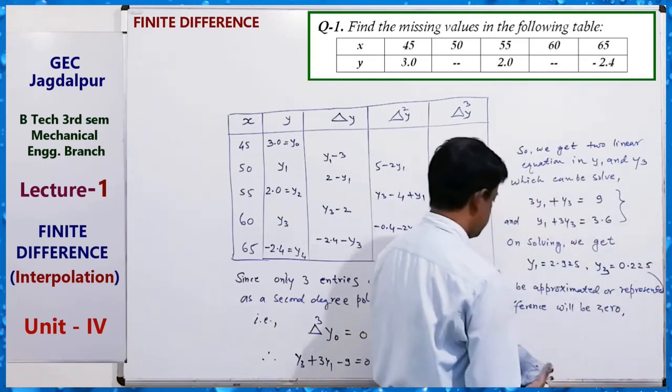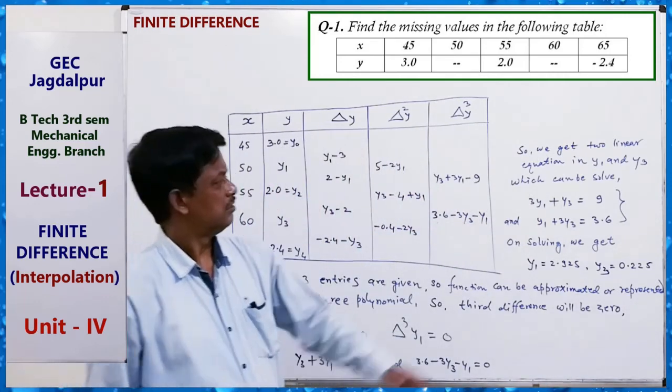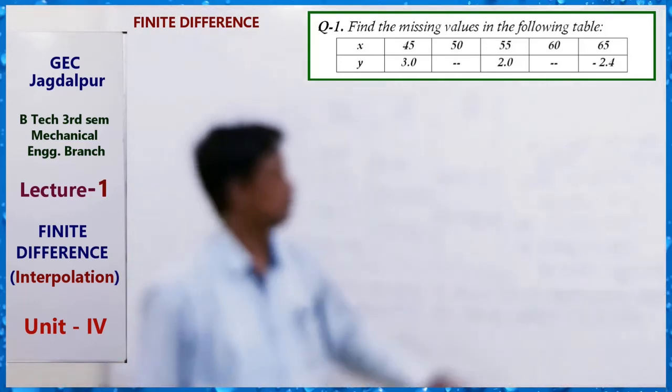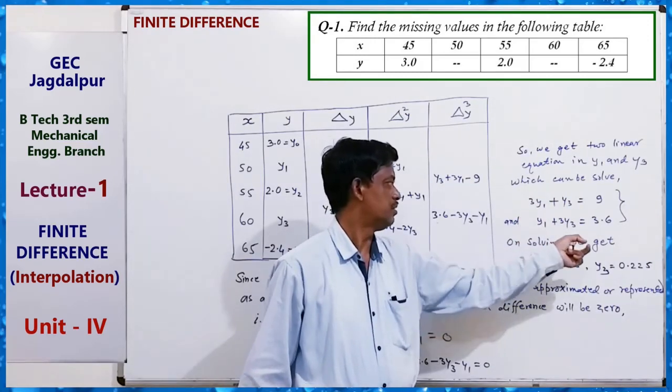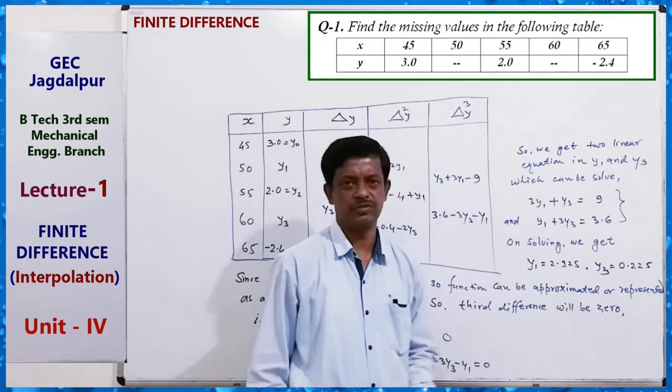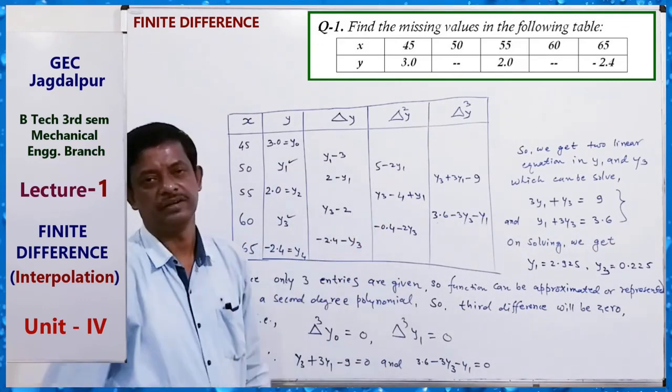You can use a calculator. Two linear equations you can solve by eliminating, and on solving we get y1 equal to this, y3 equal to this. So this is the missing term.